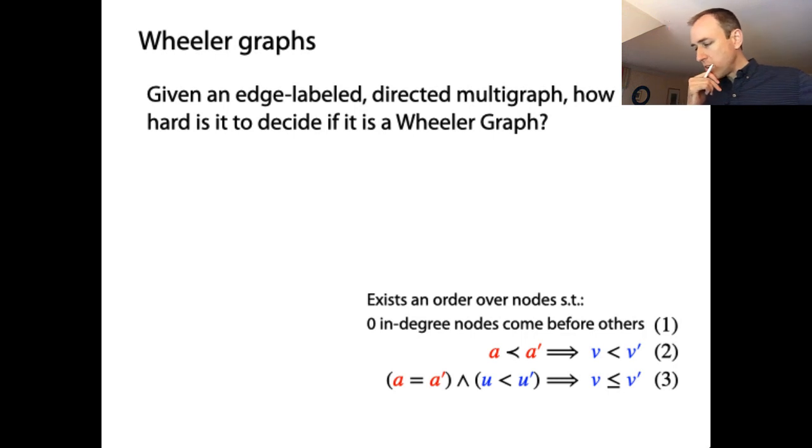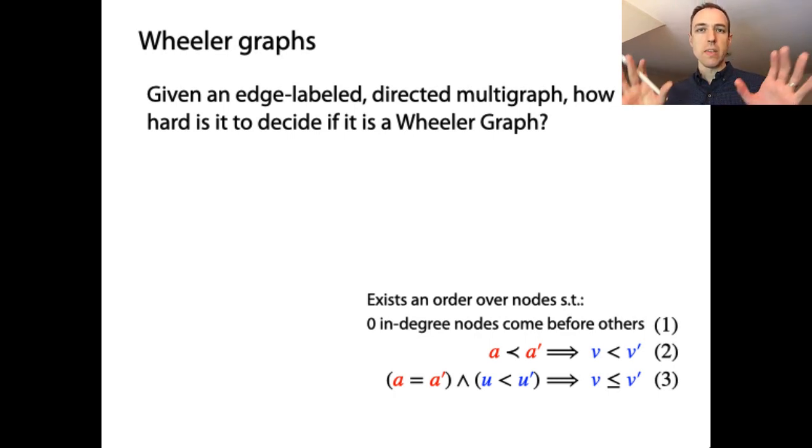One thing that you might notice, if we think about how hard it is, what is an algorithm that would help us decide whether a given graph is a Wheeler graph or not, if somebody were to give us an ordering, say, I think this is a Wheeler graph, and furthermore, here's an ordering over the nodes, and for this ordering, I think all the properties hold.